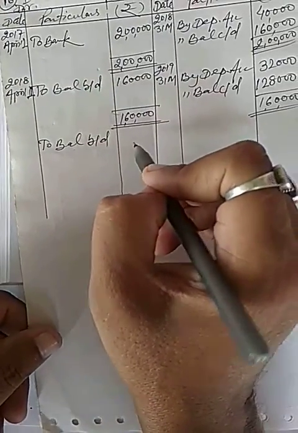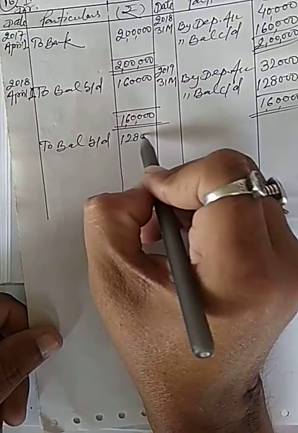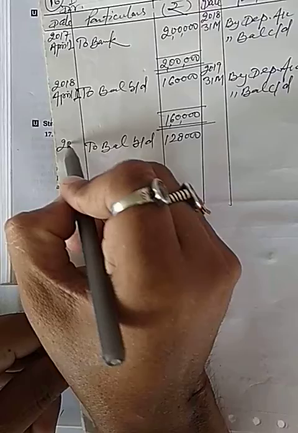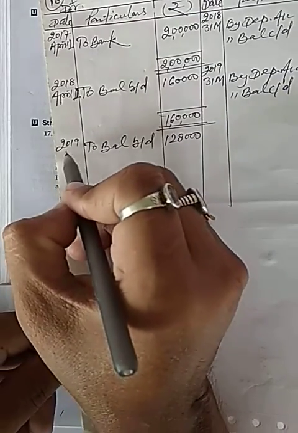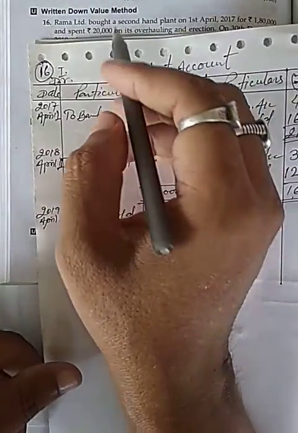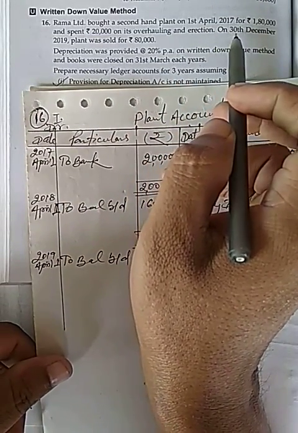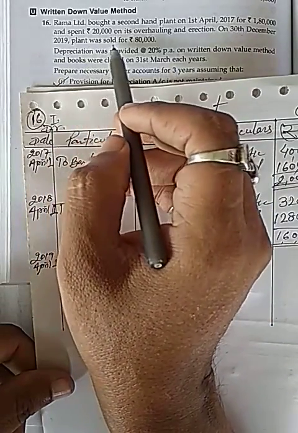So the amount will be 1,28,000 on 1st April 2019, and the question is saying that on 30th December 2019 the plant was sold for 80,000.